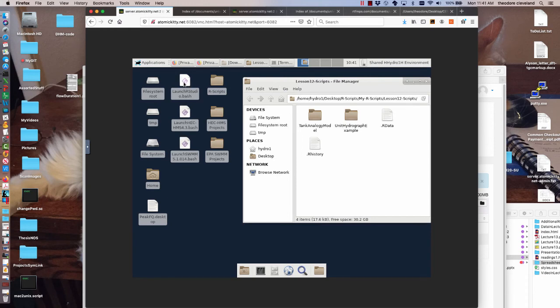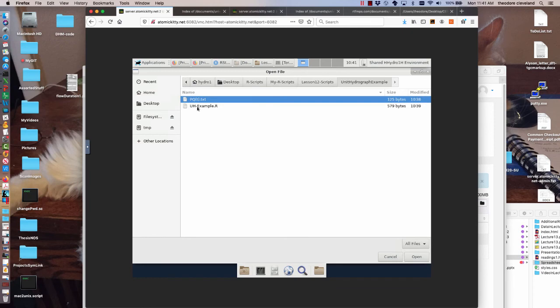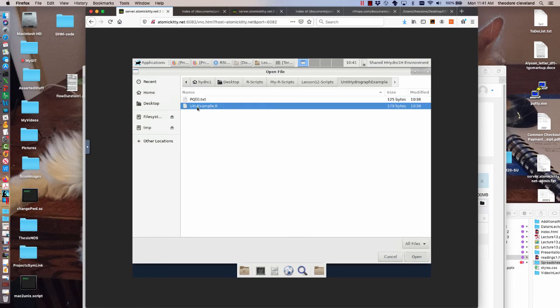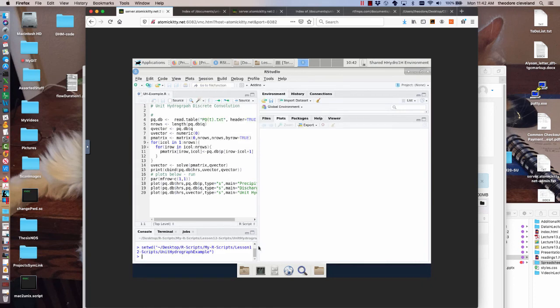So I guess we've got to restart R again. R scripts, lesson 12 scripts, unit hydrograph example, and we'll open that up. Set the session to source file location.